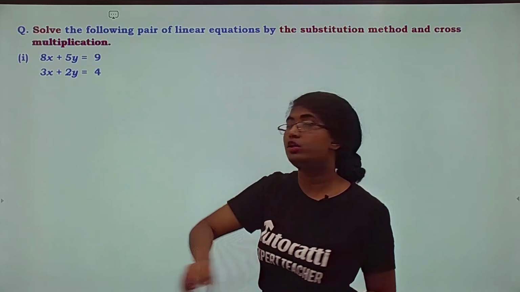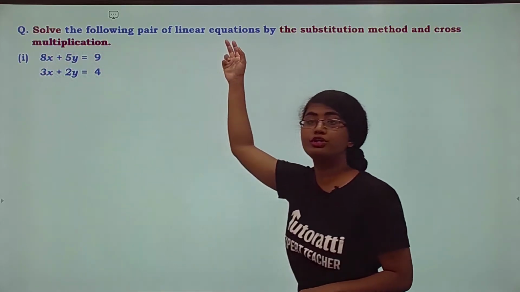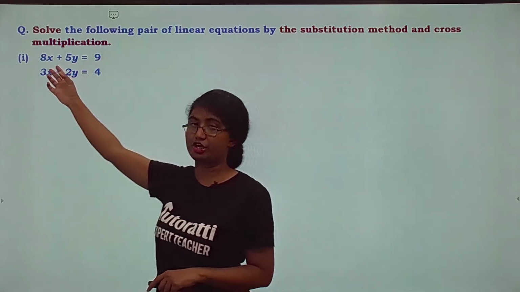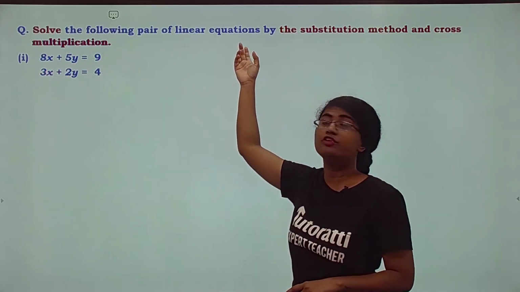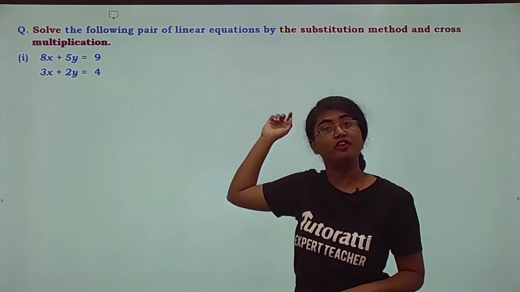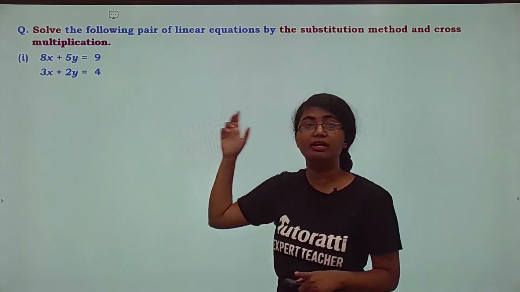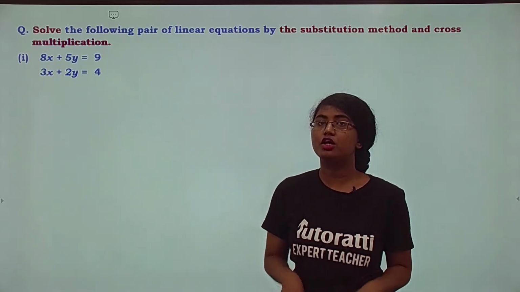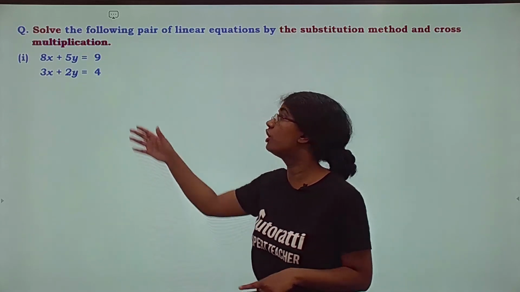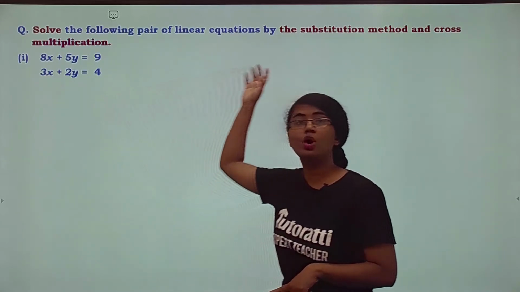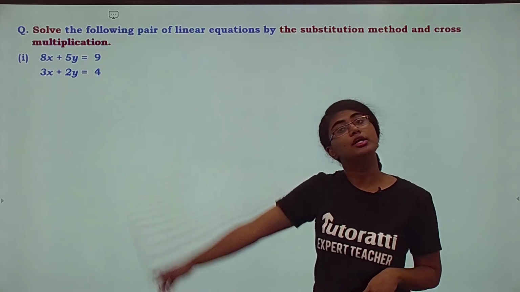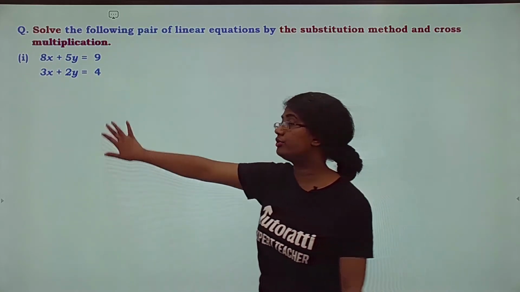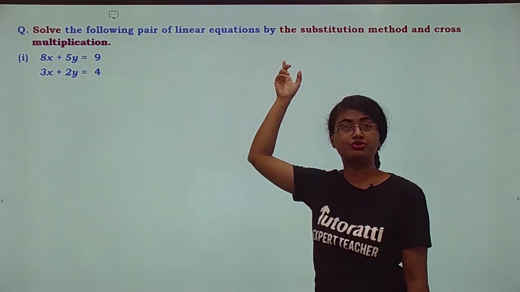First of all, you have to solve using substitution method and cross multiplication method. Substitution method we have already covered, so I am leaving it up to you to solve this example by substitution method. In today's lecture, we will proceed with solving these equations by cross multiplication method. Is that clear? Can you take this for homework and do this by substitution method?